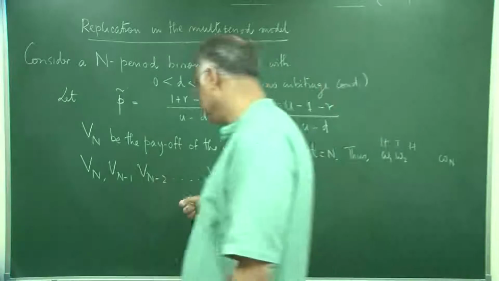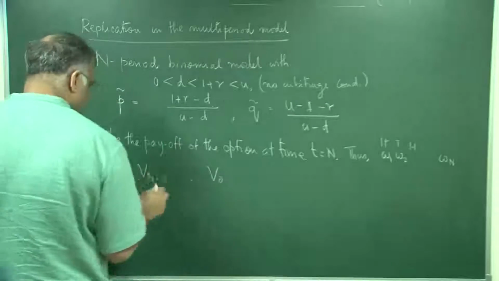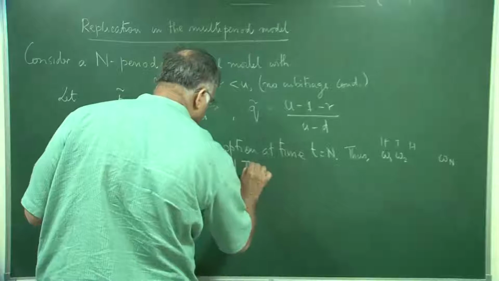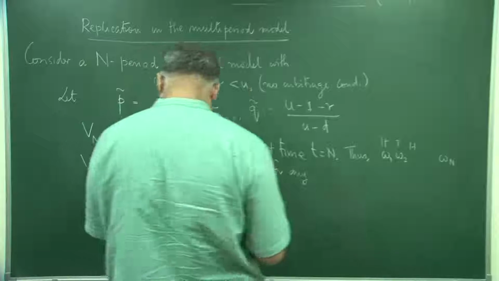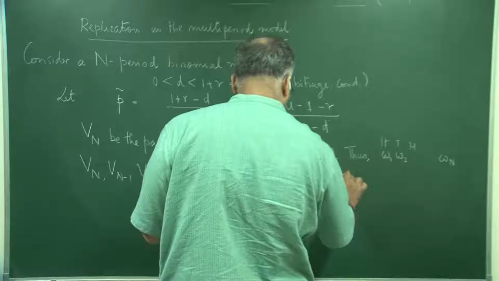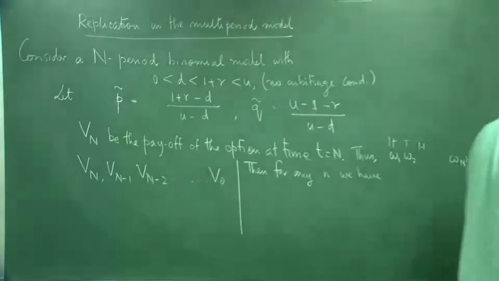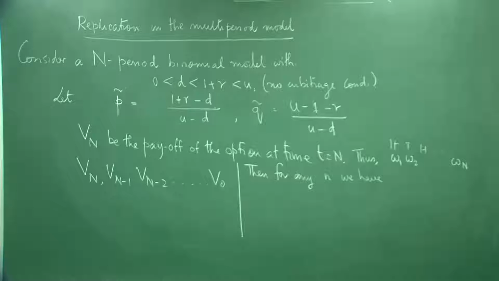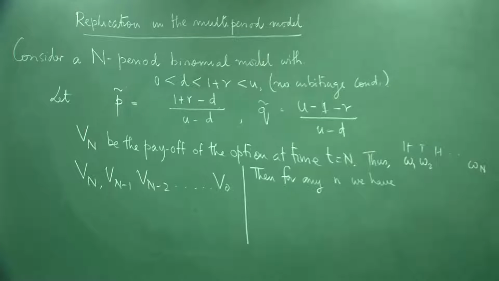So, once you do that, what would happen? Then for any n, we have that Vn, that is the worth of the option at time n, is the expectation on the risk neutral probability of its value at time n plus 1.